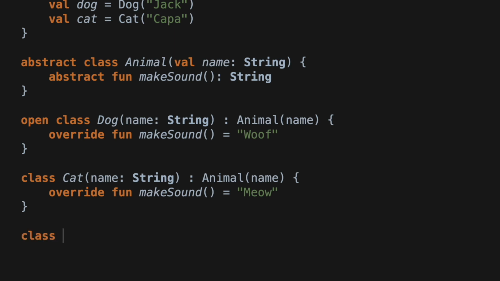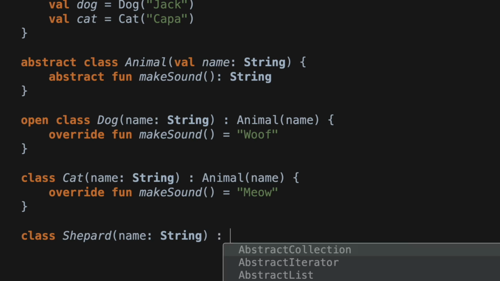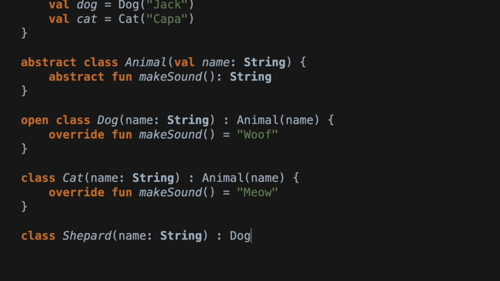Now we create another class called Shepherd, which also has a name. And originally a shepherd is a dog, which we write down here. Yeah, so the shepherd, by extending, inherits all of the qualities of the dog. So a shepherd can bark, make the sound woof.